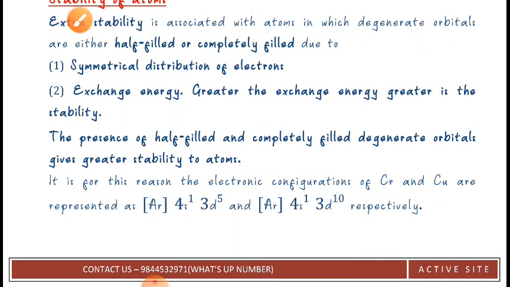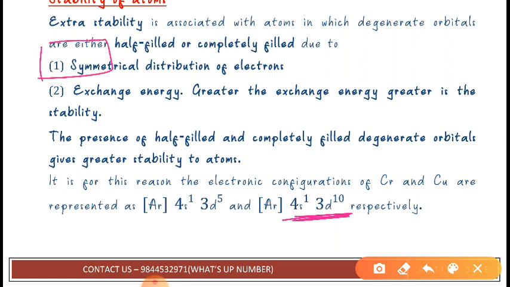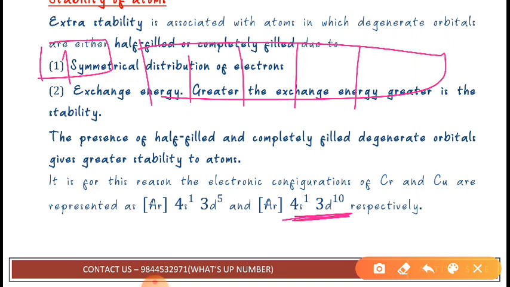In the same way, as you can see here, 4s1 and 3d10. So in place of 3d9 and 4s2, why is it written 4s1? You can see 4s1 is one electron only, right? And for 3d10, 1 2 3 4 5, after that 6 7 8 9.